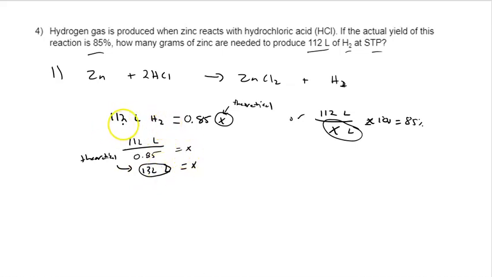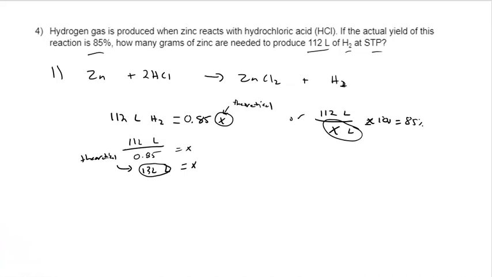Okay, 112 liters is 85% of 132. All right? So with stoichiometry, it works either direction, right? If I know how much reactants I have, I can calculate how much products I ought to get, right? If I know how much product I have, I can just do stoichiometry the other direction. It's the same process, all right?